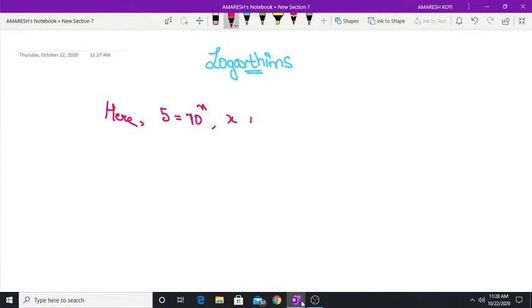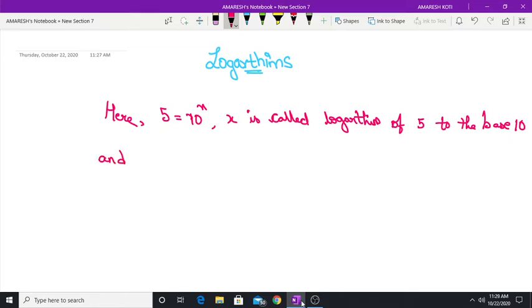Here x is called the logarithm of 5 to the base 10, and it can be written as log 5 to the base 10 or log 5.